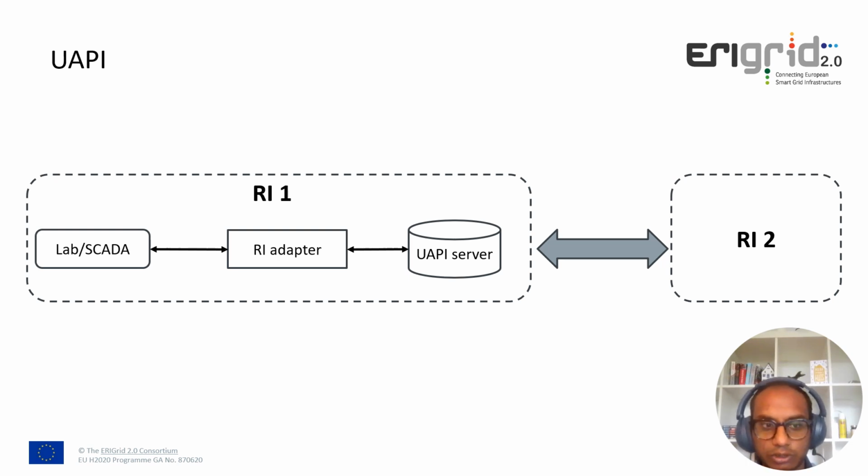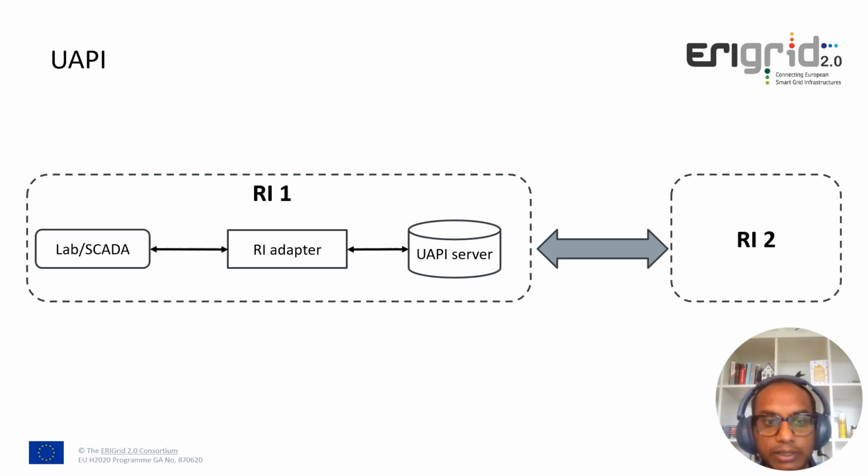And this is the architecture of the UAPI. As you can see on the figure on the left, there is research infrastructure 1, and on the right, research infrastructure 2, which are involved in a joint experiment, let's say. In research infrastructure 1, the lab network is connected to the UAPI through something we call the RI adapter, which is nothing but a software which interfaces between the lab or the SCADA system and the UAPI itself.